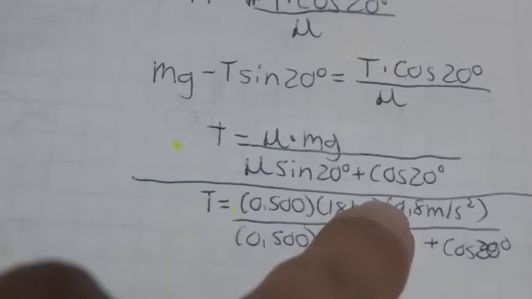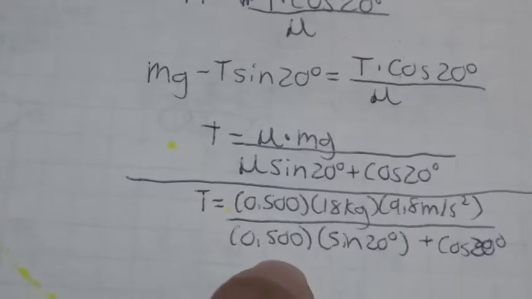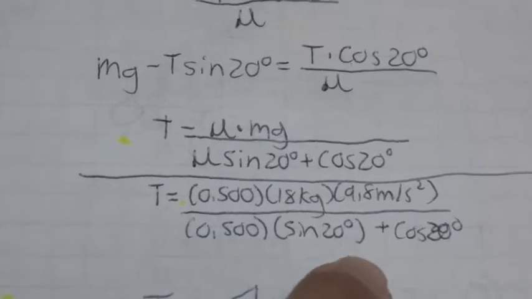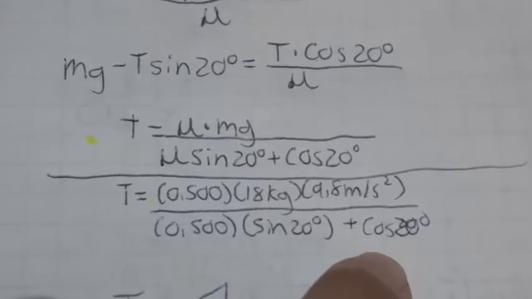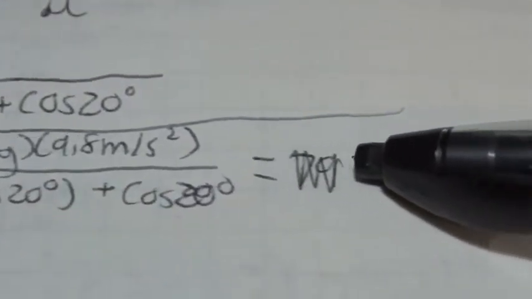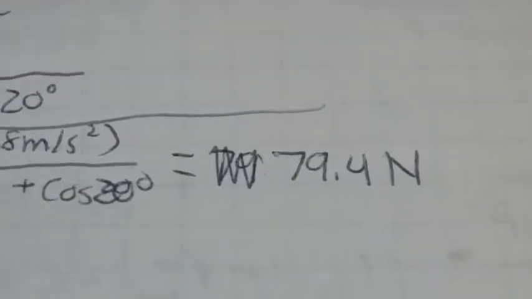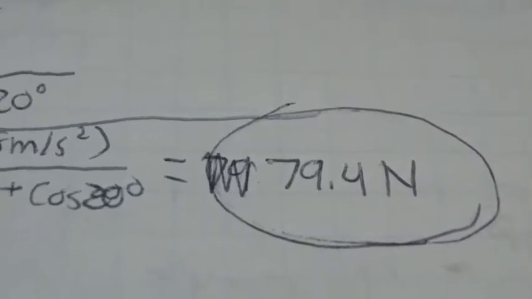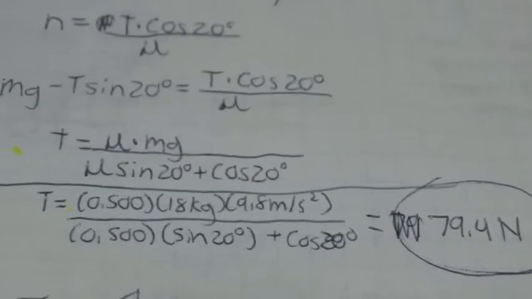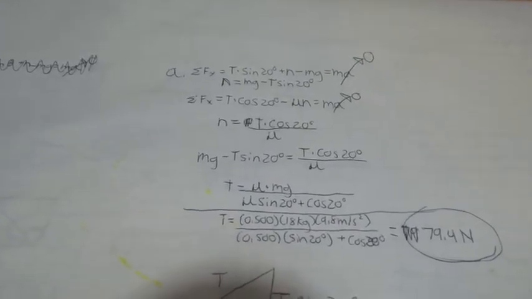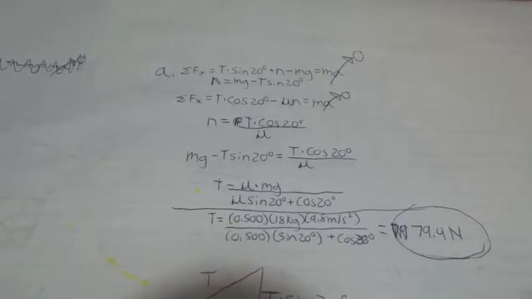And then that's all over mu, again, 0.500, times the sine of 20 degrees, plus the cosine of 20 degrees. So after doing all that math, you should come out with 79.4 newtons. This is in newtons because that is a form of tension. So 79.4 newtons is the answer for problem letter A on number 7.